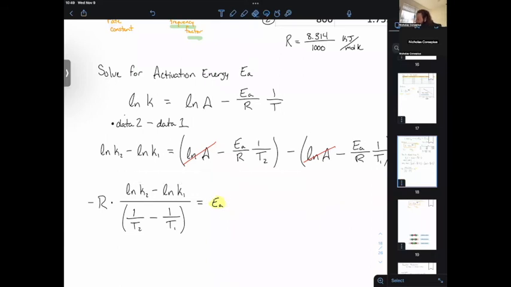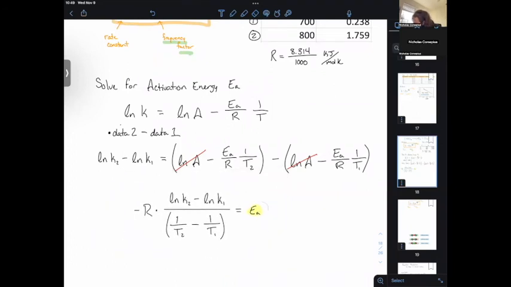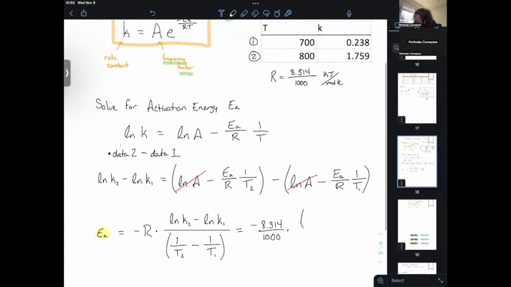So then I can just plug in from my data table here. Plugging everything in. This is negative 8.314 over 1,000 times, and I'm going to put these in parentheses in my calculator so my order of operations doesn't get messed up.